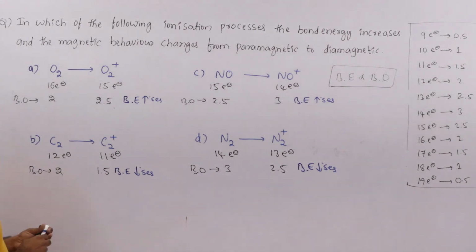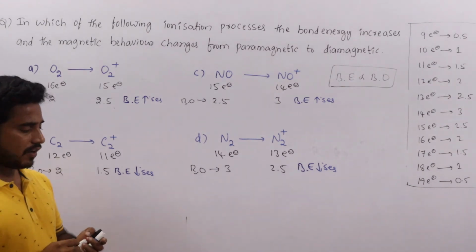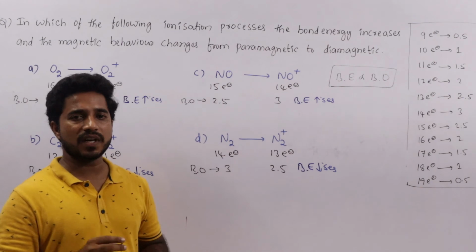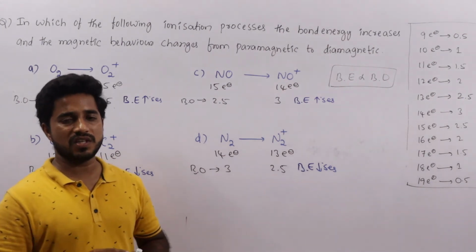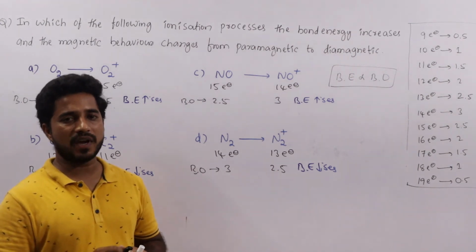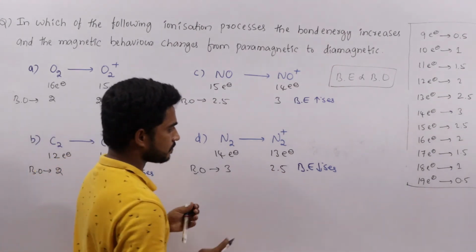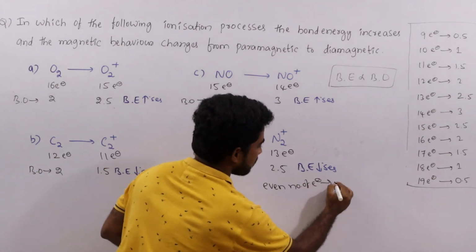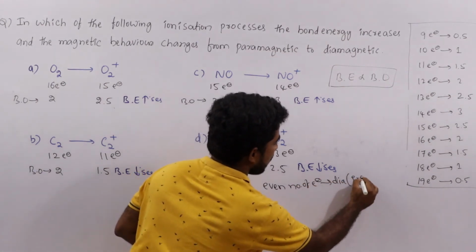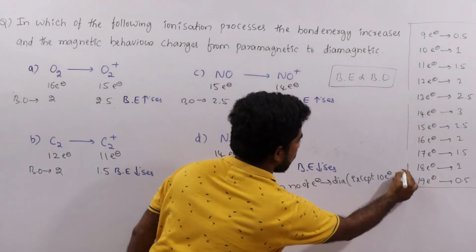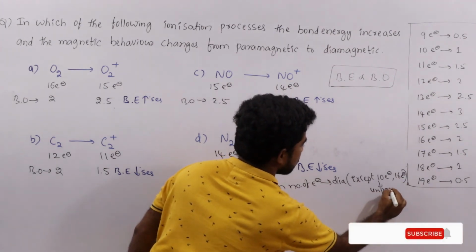To find paramagnetic and diamagnetic, we already have a trick. What is the trick? Species containing an even number of electrons are diamagnetic, with the exception of 10 electron species and 16 electron species, because these contain unpaired electrons.